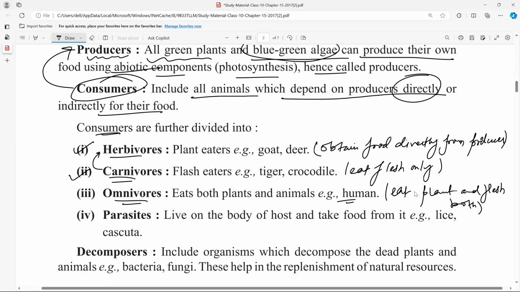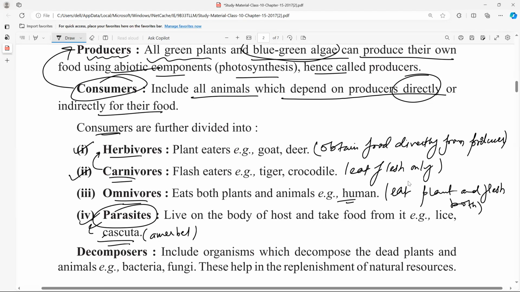Next one is parasites. Parasites are those organisms that obtain their food from a living organism without benefiting it. You have studied this in the life processes also, like Cuscuta and Amarbel. They obtain food without benefiting their host.